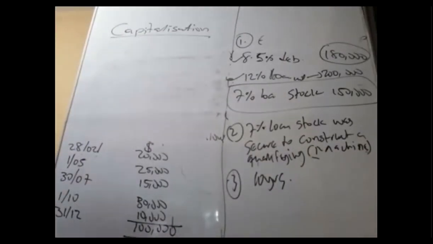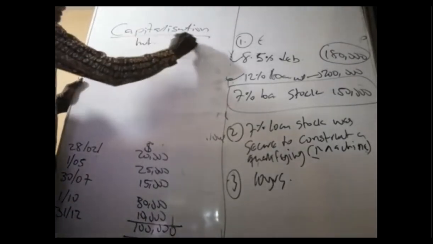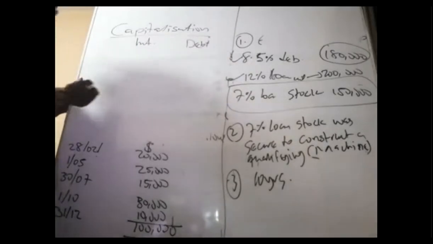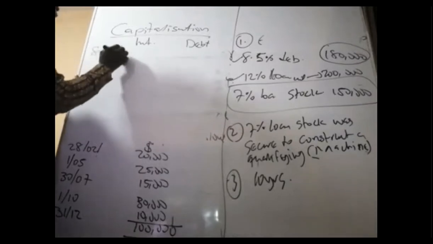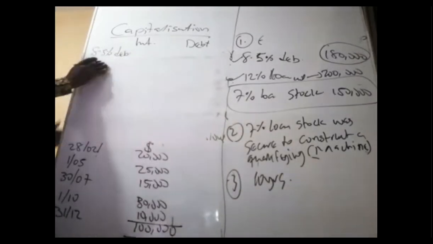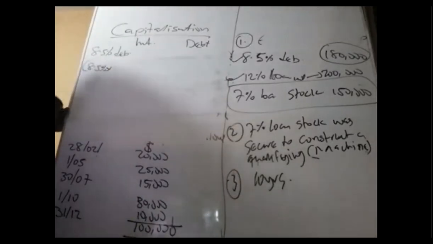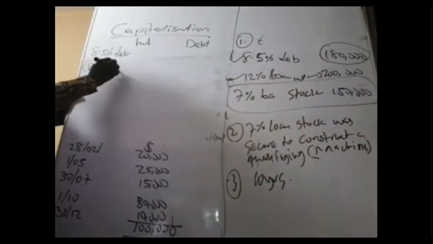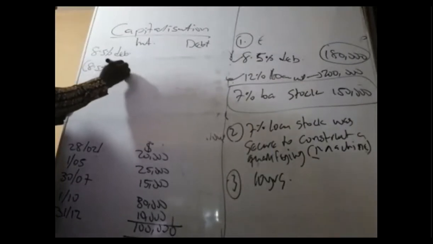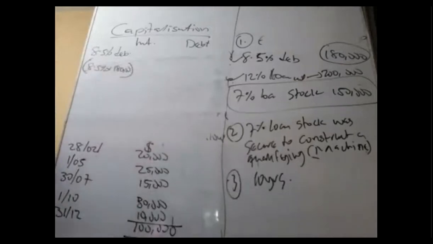But let's see. So first of all, write the interest here and write the debt also here. So let's start. The first one is 8.5% debenture. Can you calculate the interest for me? Third examiner, it will be 8.5% times what? The value of the debt. The debt value is what? 180. So times 180. Please, what's the answer? If you calculate the interest, put it in.